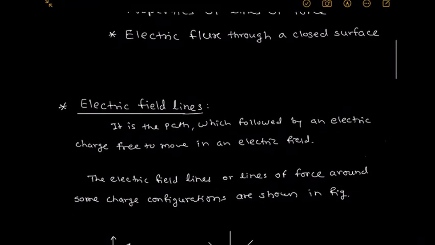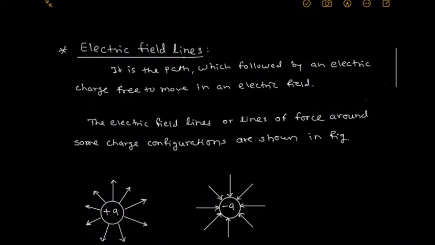Now the first point we discuss here is the electric field lines or the lines of force. The concept of the electric lines of force was first introduced by Faraday, which gives the representation of the electric field.